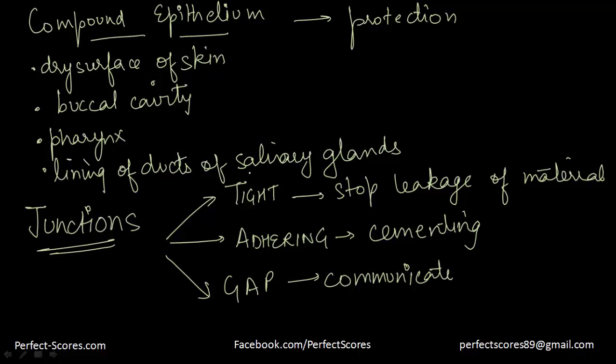The second kind of tissue is the connective tissue. Now, the connective tissue is the most abundant form of tissue that is available in our body. And I hope you remember we have done the three kinds of connective tissue: loose, dense, and specialized. So I'm going to start off with the loose connective tissue.